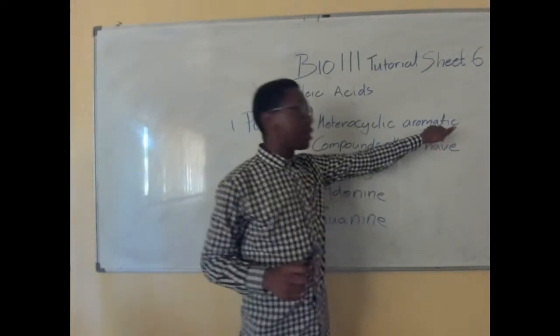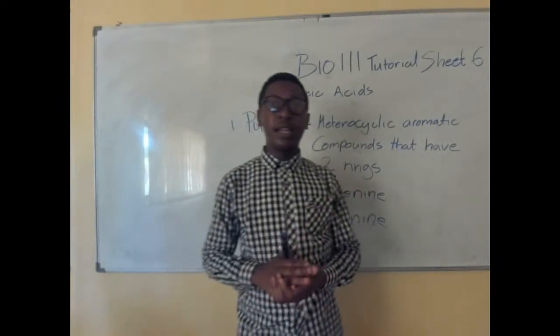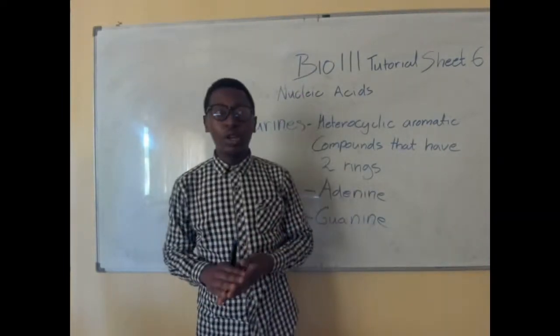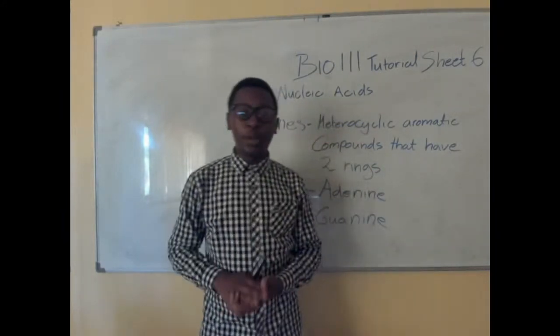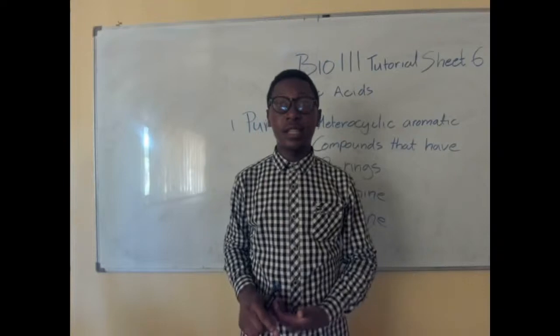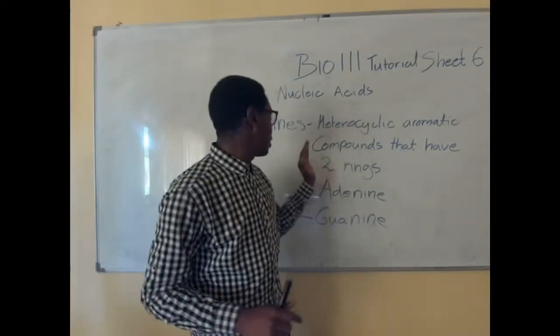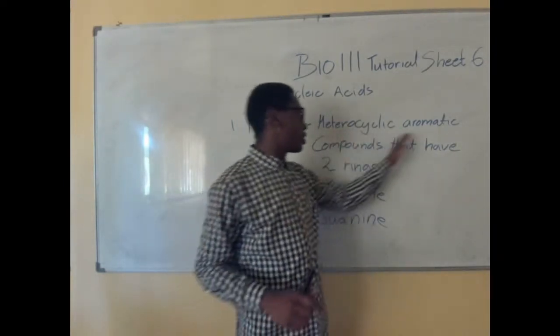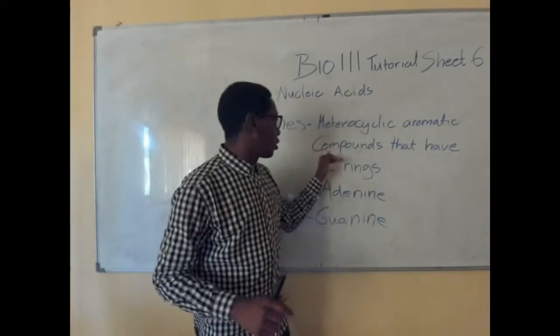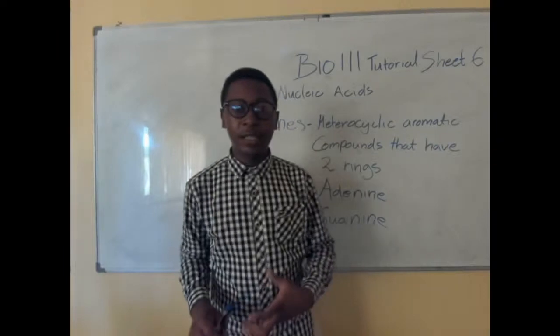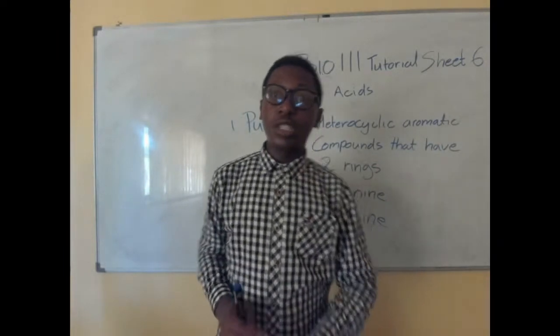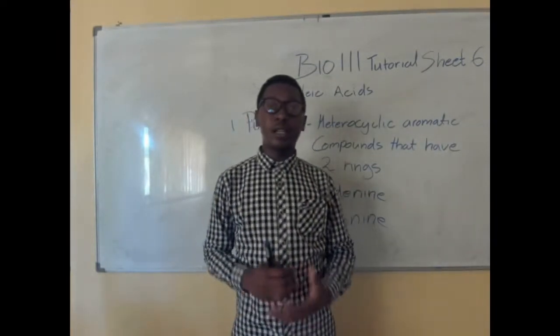Then aromatic means planar, which means a plain molecule which is unsaturated. So in other words, when we say purines are heterocyclic aromatic compounds, we are saying they are cyclic compounds which have unsaturated atoms in them.